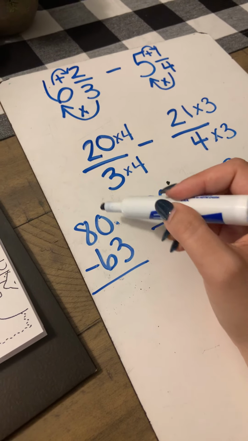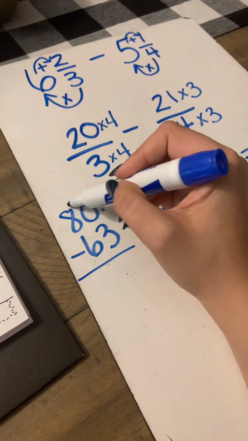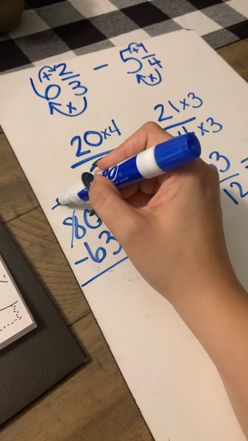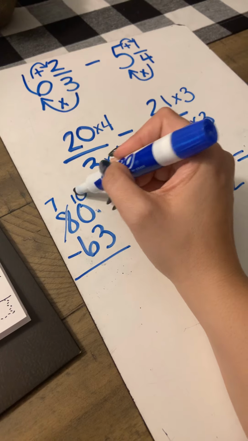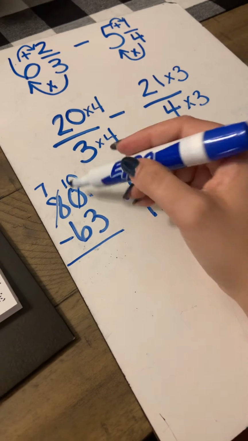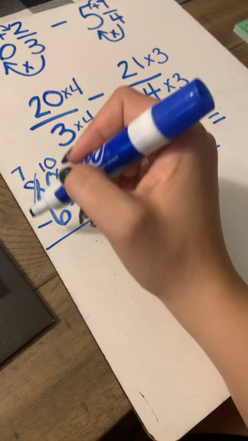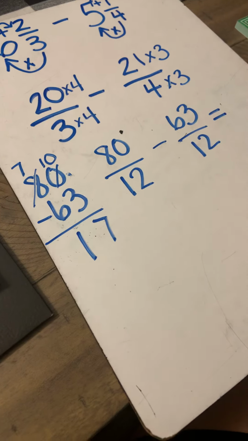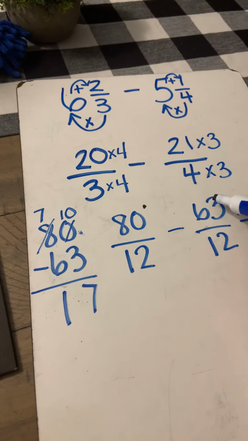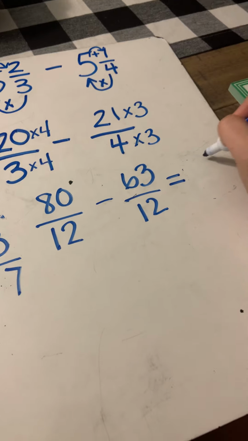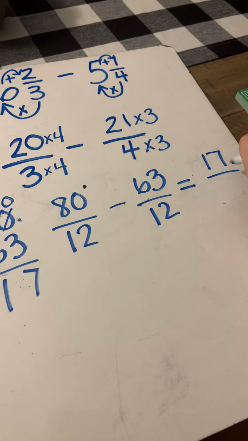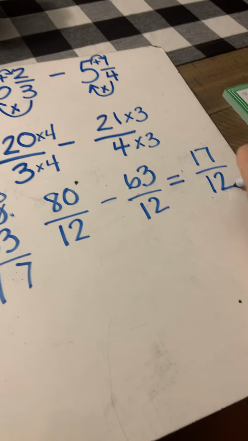We can't do 0 minus 3, so you borrow from the 8, making that 7, and making this a 10. 10 minus 3 is 7, and 7 minus 6 is 1. So 80 minus 63 equals 17 over, keeping the same denominator, 12.